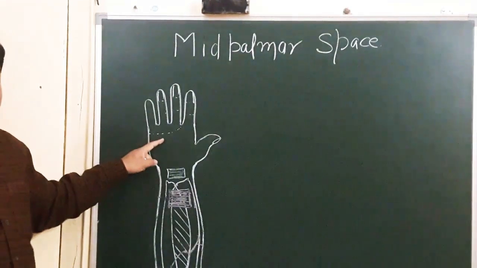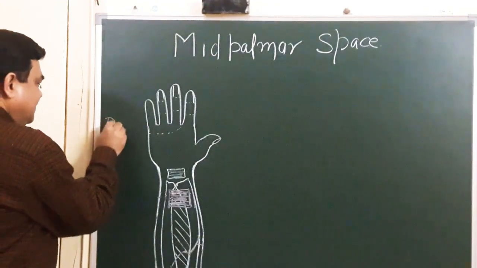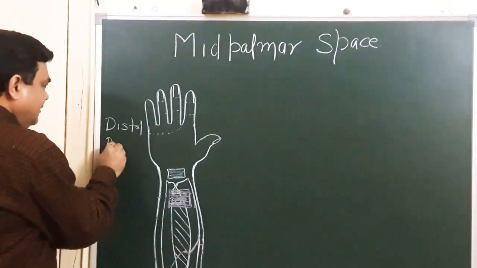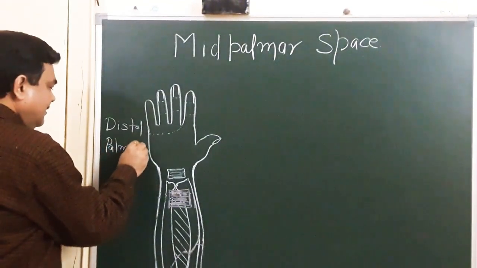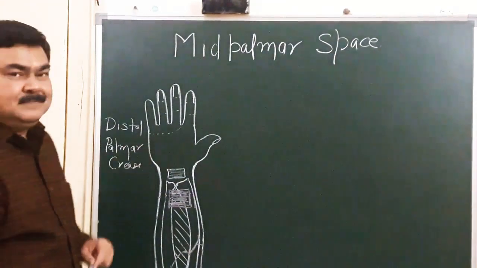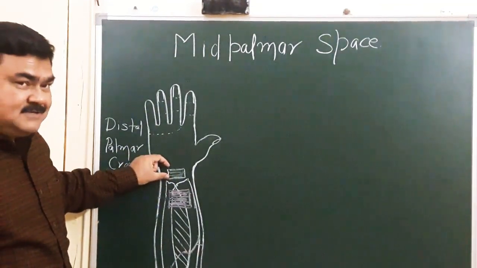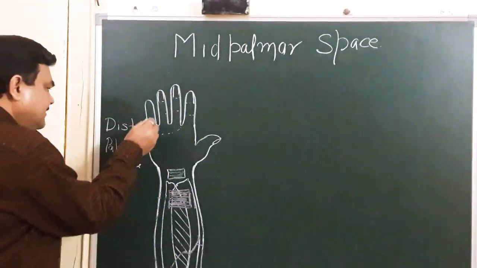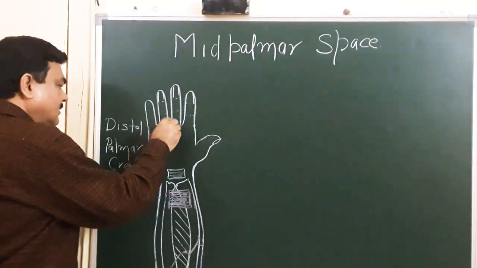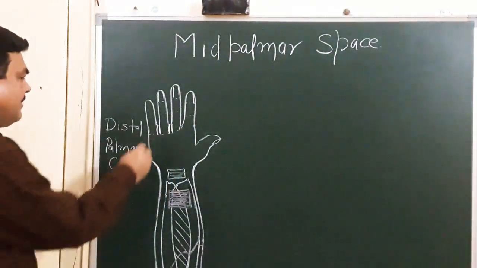This is the distal palmar crease, and here is the flexor retinaculum, and here is the position of the lumbrical canal.